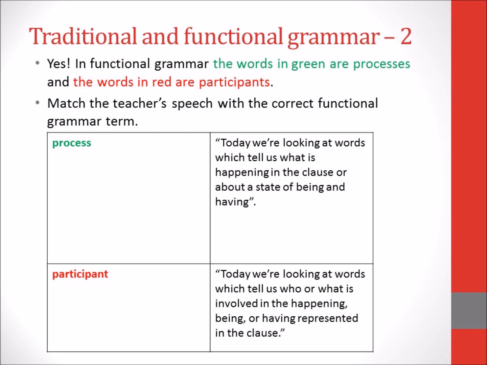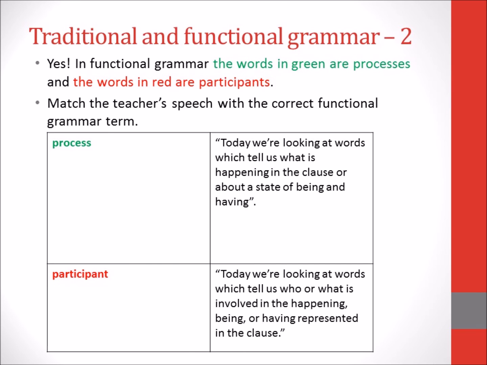Okay, let's say you're sitting listening to a teacher speaking to her class and the teacher says something like this. Today we're looking at words which tell us what is happening in the clause or about a state of being and having. Okay? Is that relating to the process or the participant? All right, see what you think, because the other option is this one.